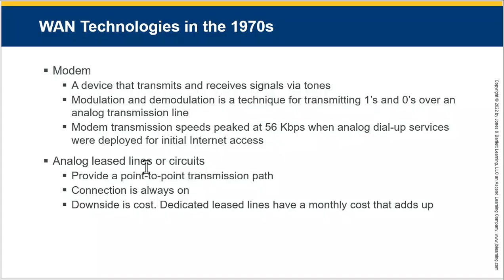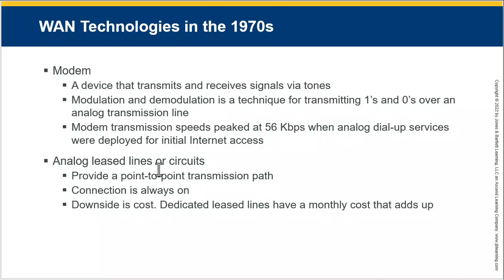Now, analog leased lines. If you have two offices and you need them to have a connection that's up all the time and has a little more bandwidth, you can get with your local telephone service provider and they will provide you with what's called a leased line. It's like a telephone cable between two locations where both phones are off the hook all the time.